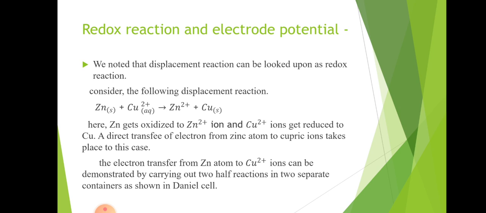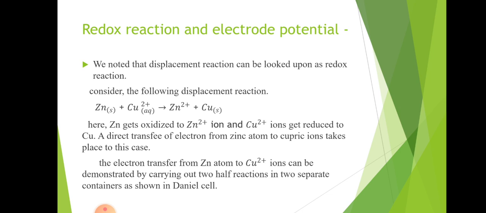In this reaction there is loss of electrons. The second reaction, copper 2+ plus 2 electrons gives copper, is the reduction half reaction. It means gain of electrons. Oxidation and reduction occur simultaneously in the cell.